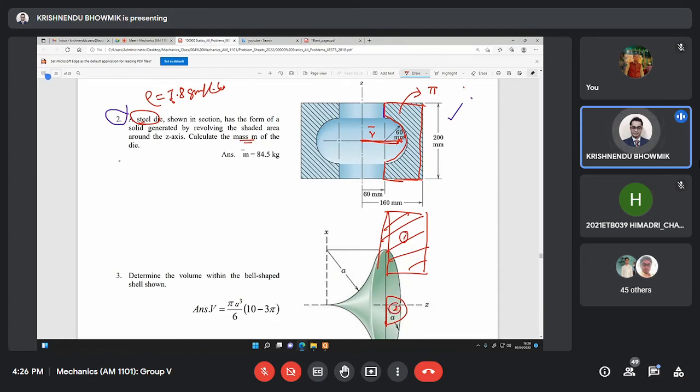So for section 1, A1 area, this is the axis with respect to which it will revolve. That is also 60 mm.